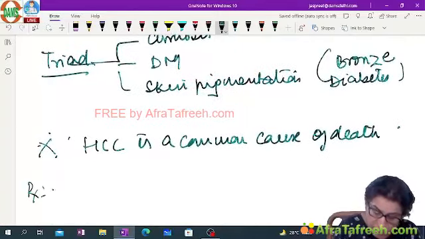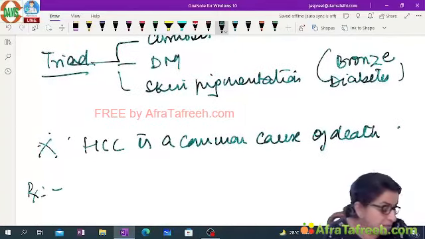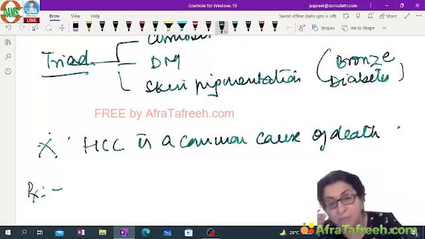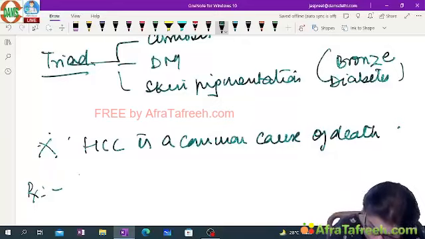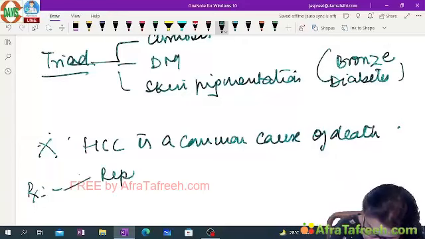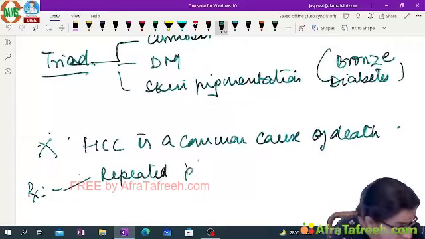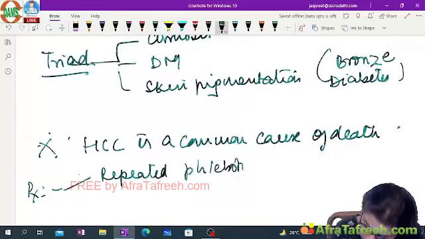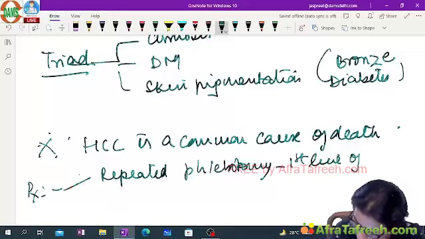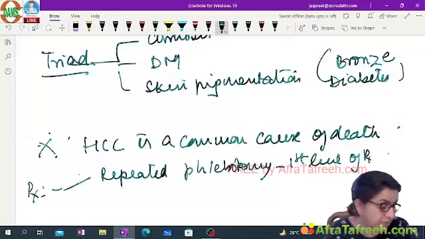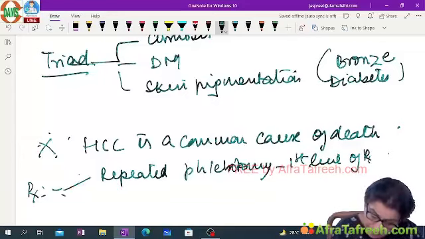Okay, treatment. How do you treat them? Number one, the first line of treatment is repeated phlebotomy. Second, chelation.